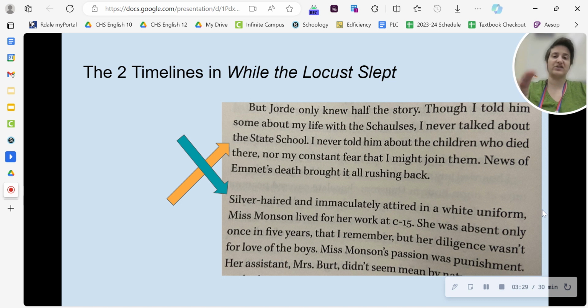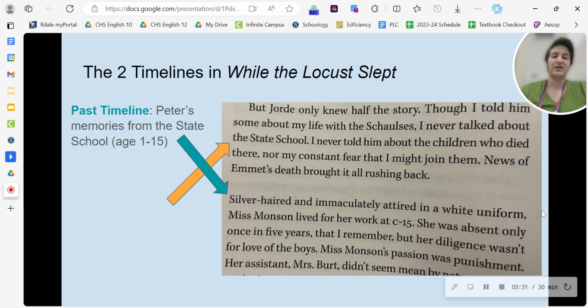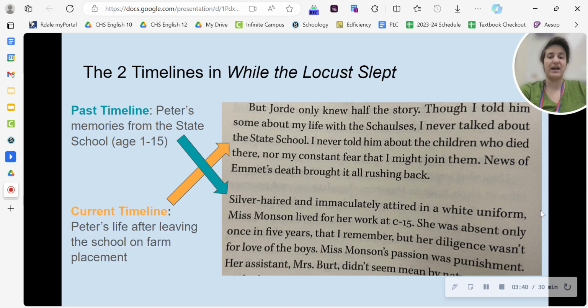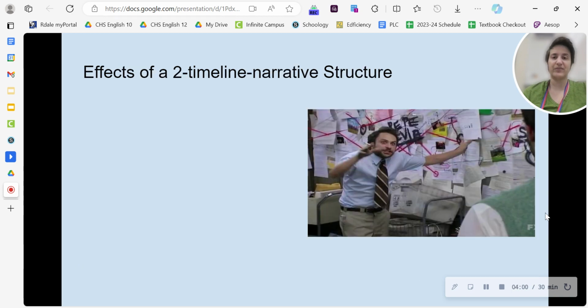So if we break this one tiny piece of the story up, the bottom paragraph there is from the past timeline, Peter's memories from the state school when he was 1 to 15 years old. And that top paragraph is from the current timeline, Peter's life after leaving the school on farm placement. The book moves pretty freely between these two timelines, and it can sometimes be a bit confusing to keep track of where we are in Peter's story, so we have to pay a bit of attention.